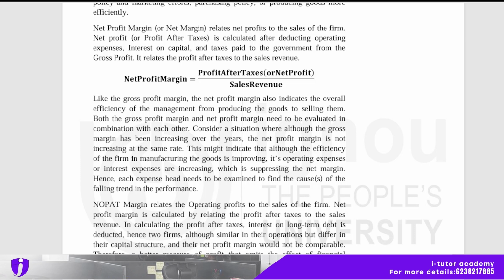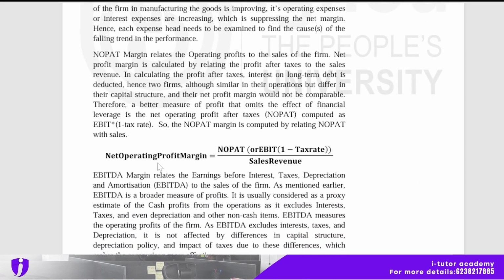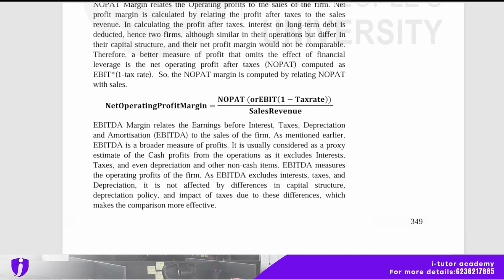Consider a situation where although the gross margin has been increasing over the years, the net profit margin is not increasing at the same rate. The net operating profit margin is equal to NOPAT divided by sales revenue. EBITDA margin relates the earnings before interest, taxes, depreciation, and amortization to the sales of the firm.